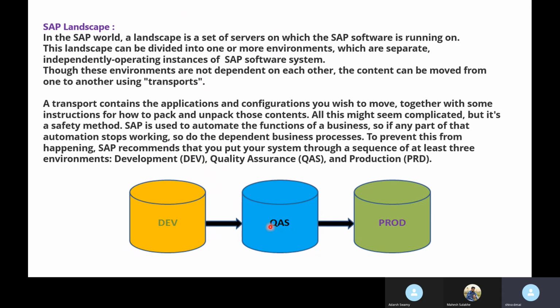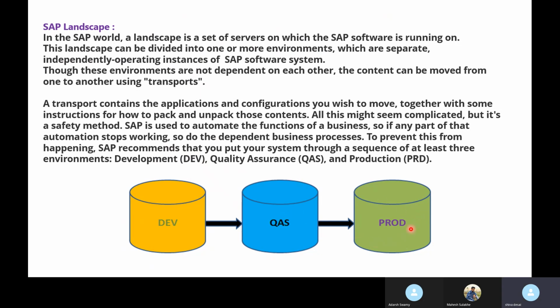Once the user acceptance test is done, the user has to give a green signal that according to my business process it is working. Then this data is moved to production, from quality to production.